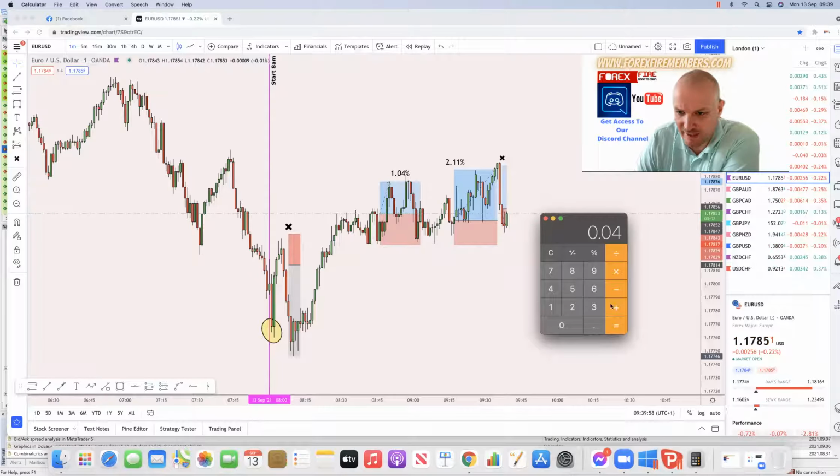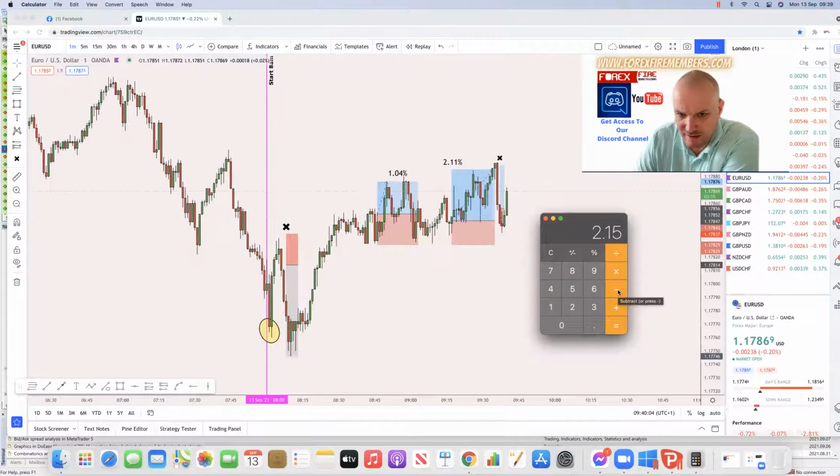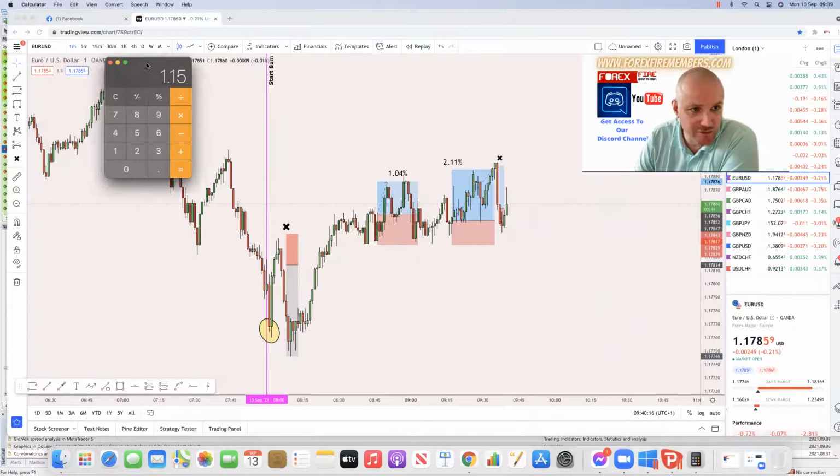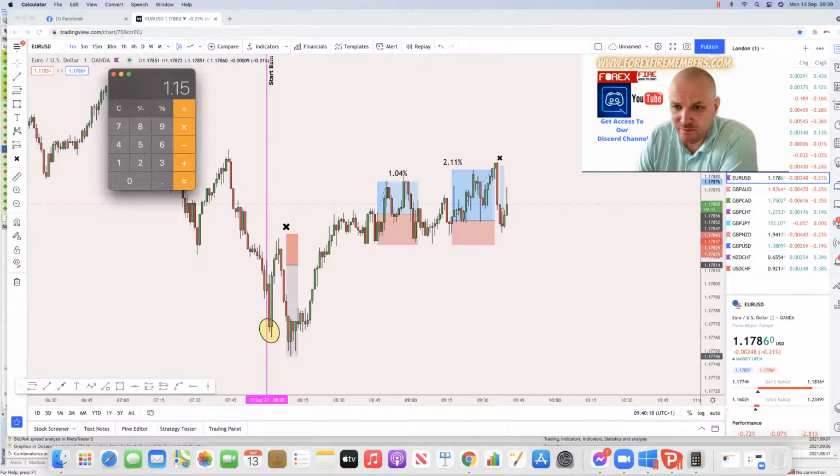Okay. And then a plus 2.11. And then minus a 1. So we are down to, at the moment, as it stands, an account growth of 1.15%. Again, I'm just going to leave the calculator up here, guys, okay?